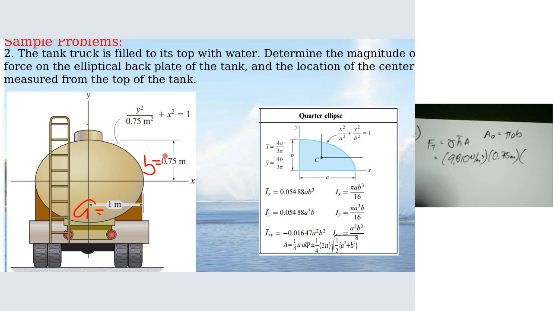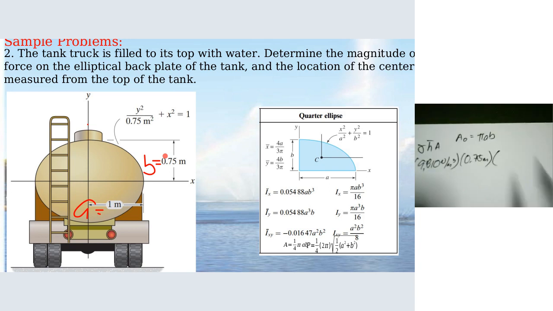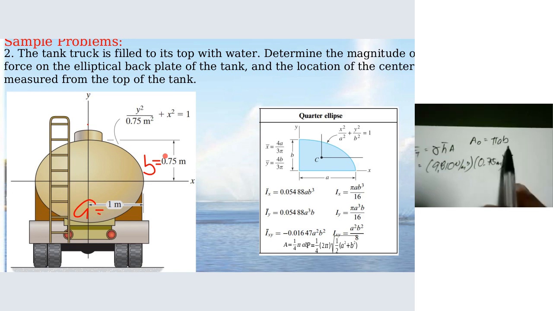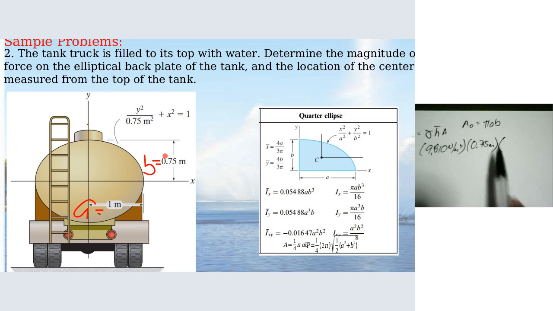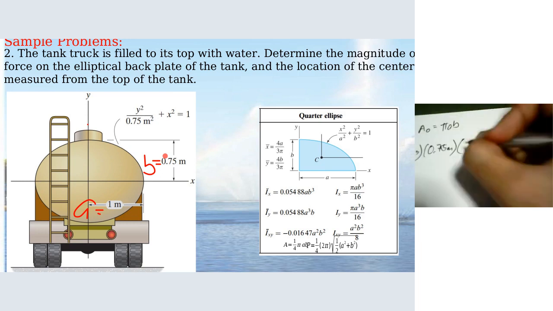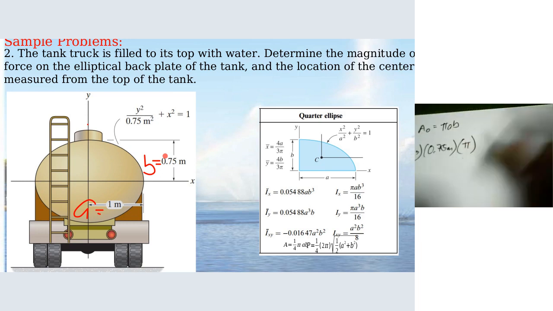May tanong ka? Okay, so pi AB. Multiply tayo ng pi times 1 meter times 0.75 meter. Okay lang.